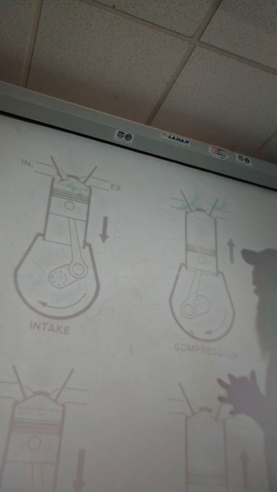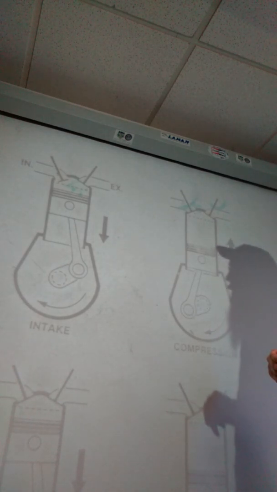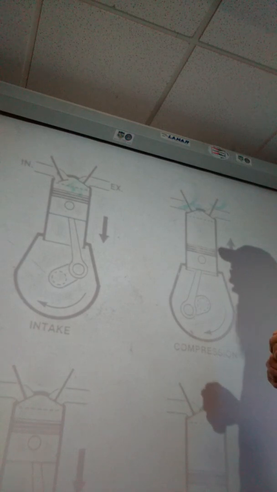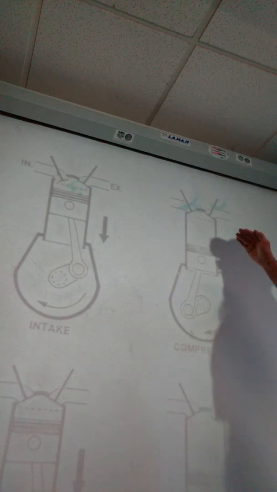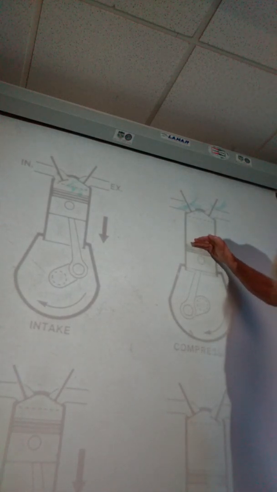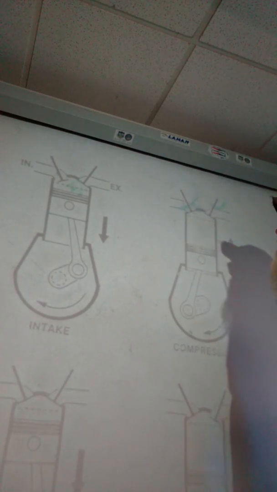We've pretty much phased out those fuels, so now all the engines being produced are considered high compression engines, typically in the range of about 9 to 1. So the compression event is pretty self-explanatory. Both our valves are closed, and we're compressing that fuel-air mixture.